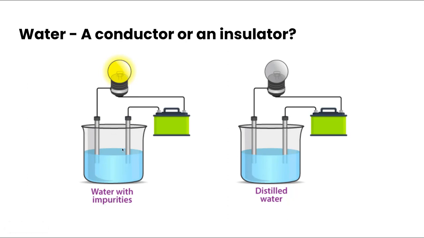And so that's why if you were to create the same kind of circuit with tap water, a light bulb would glow because electrons are flowing through this circuit here. It's also why if you see a broken wire in water, you want to stay away. It's totally going to electrocute you, and you do not want that to happen.